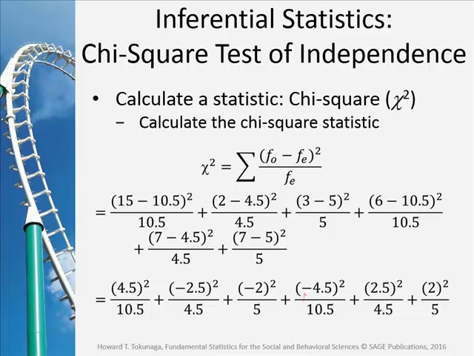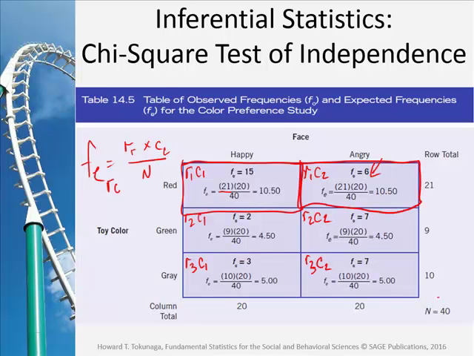Now, before you start copying, let's think about this for a second. We had 1, 2, 3, 4, 5, 6 cells. We had 2 columns and 3 rows. 2 times 3 is 6.